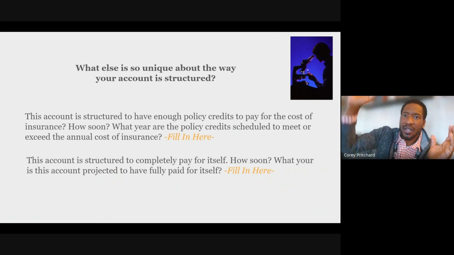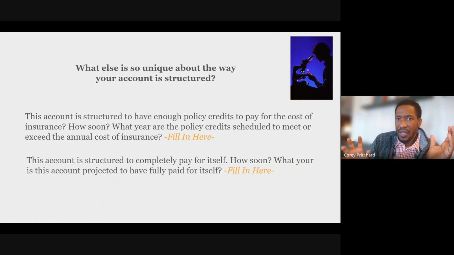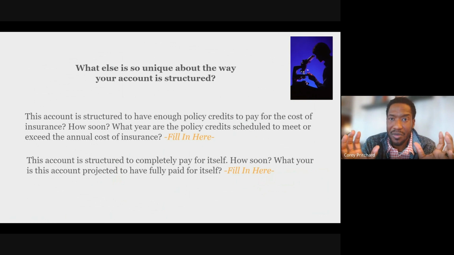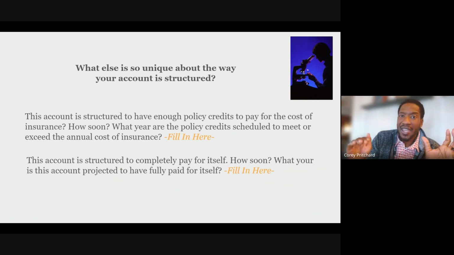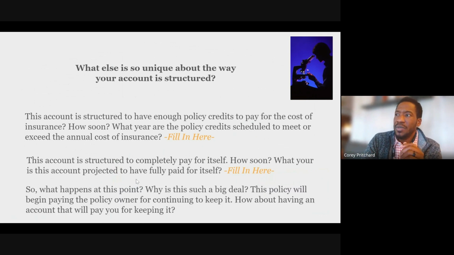Meaning that there are at least the same amount of credits that have come into the policy as I've actually put into the policy, right? Isn't that crazy to think about? In that case, why wouldn't everybody have this type of program? When you realize that there's a year that comes that it will pay for itself, literally pay for itself.